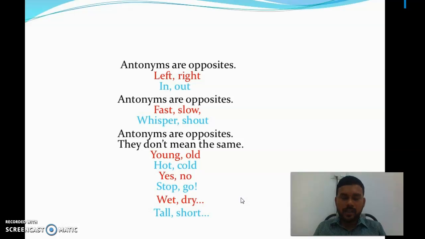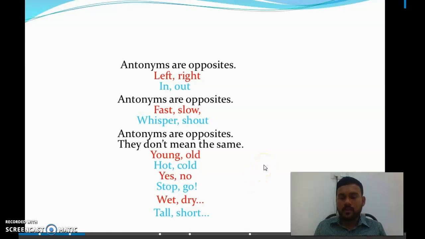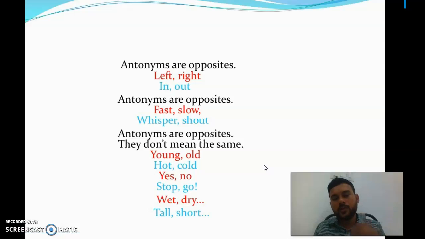Sometimes antonyms do not have to give the same opposite. They may sometimes give the opposite meaning of the opposite word. Now you understood my point. There is a word stop. What is the opposite? Go. You don't have to locate only the antonyms that I can find for stop.